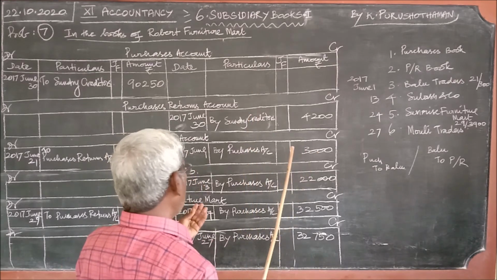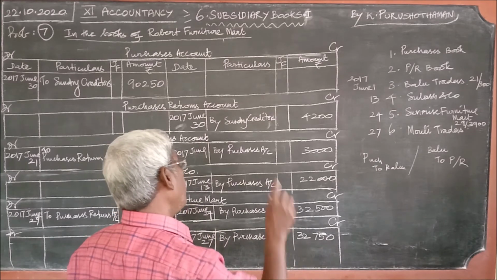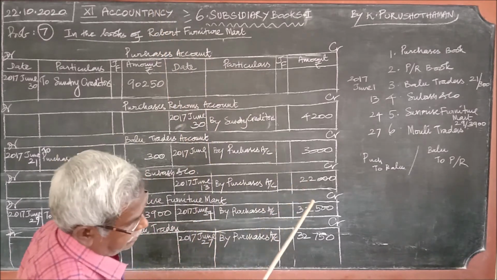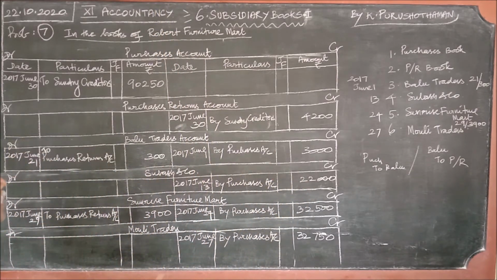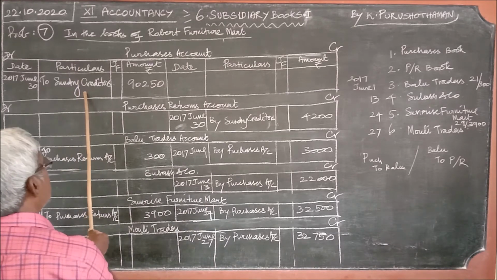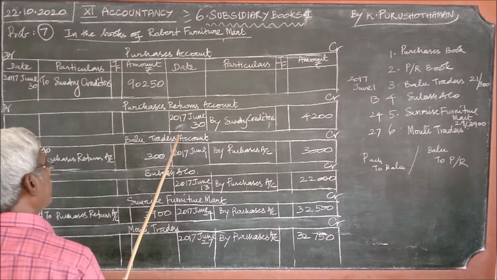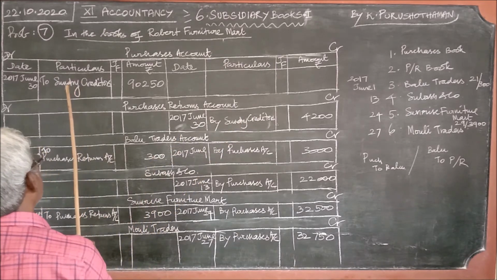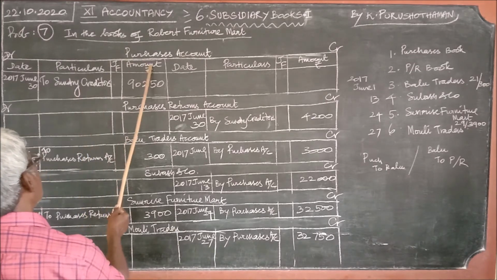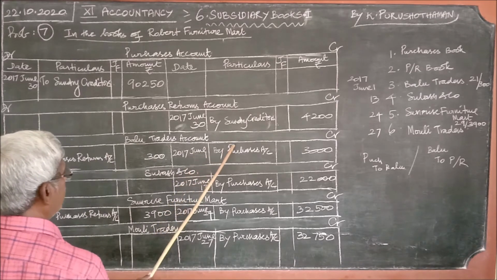Here there is no question of balancing the ledger. You should know how to post the entries from the subsidiary books into the ledger. In the purchases book, you pass the entry on the debit, and purchases return on the credit. For purchases account on the debit, but for the traders on the credit.